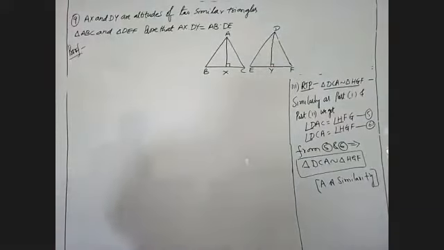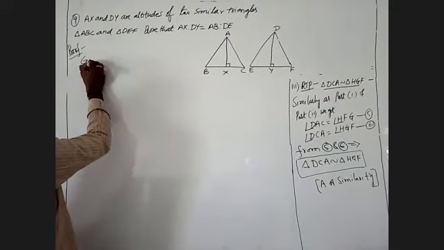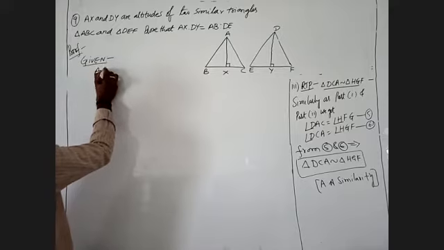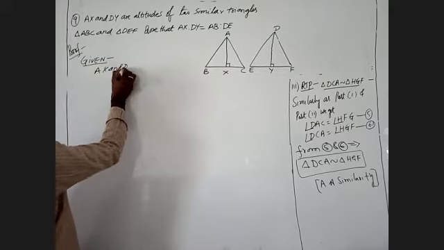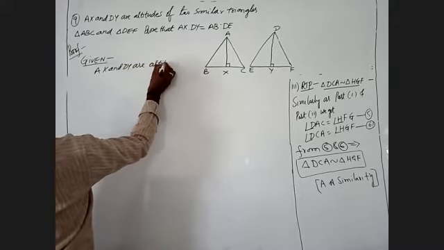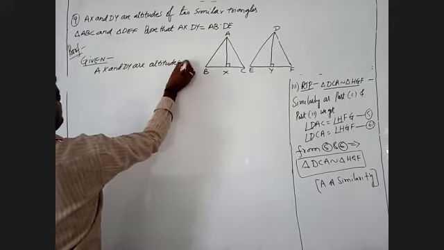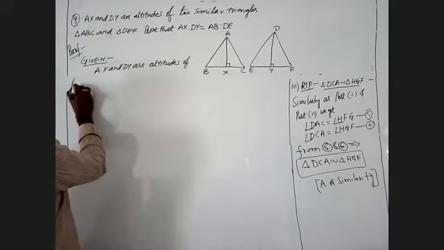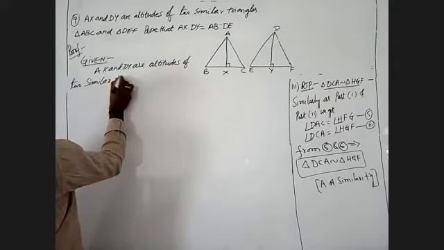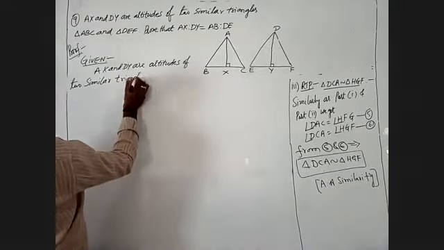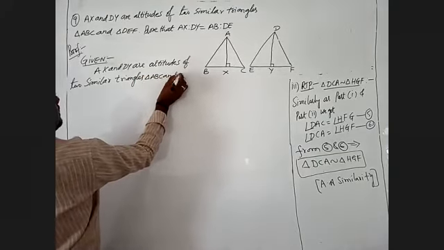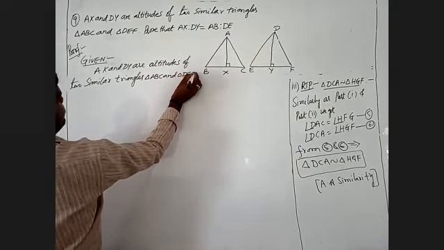What do we have to write in this one? Given: AX and DY are altitudes of two similar triangles, triangle ABC and triangle DEF.